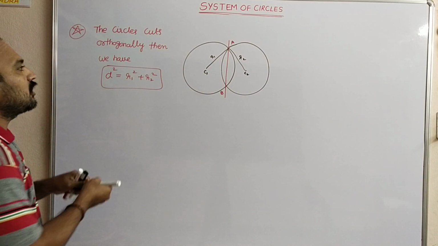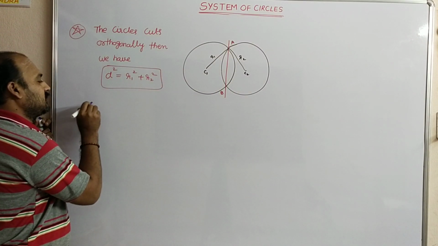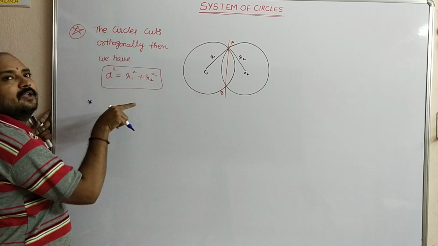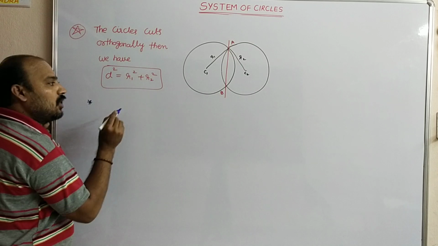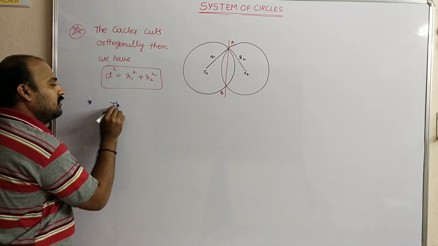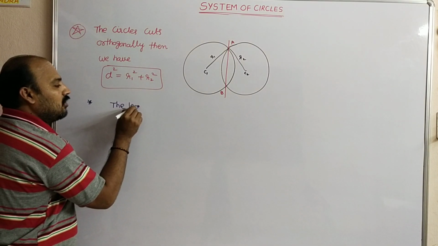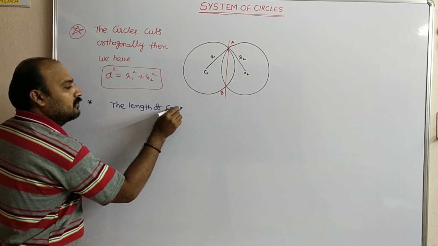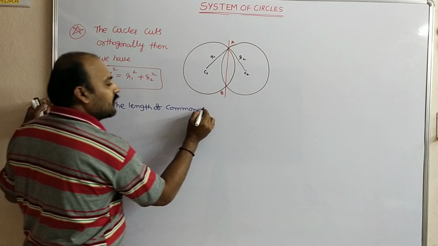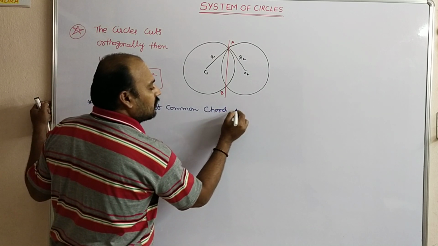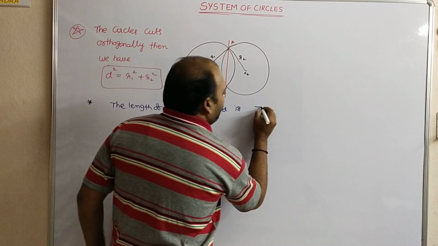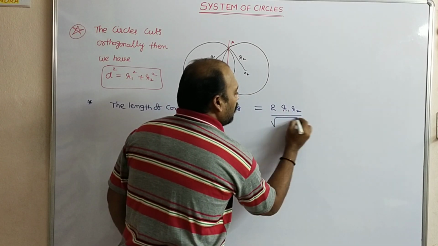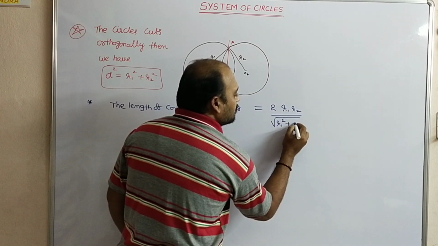So when the two circles cut orthogonally, the length of the common chord is 2 into R1 R2 divided by root over R1 square plus R2 square.